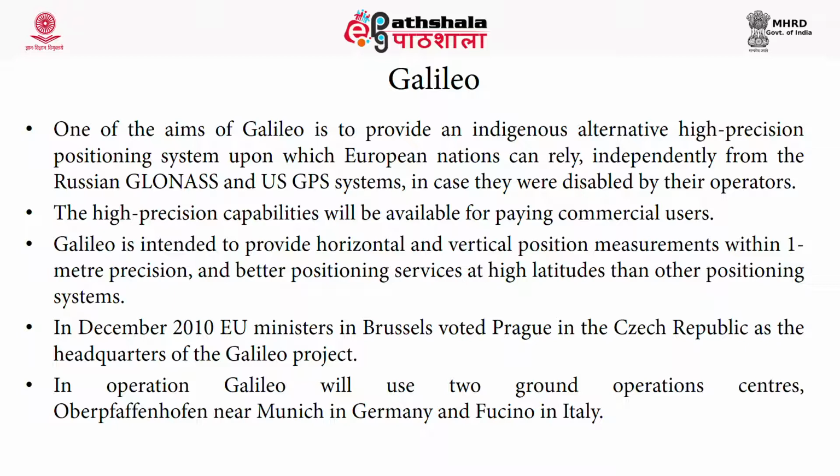In December 2010, the European Union ministers in Brussels voted Prague in the Czech Republic as the headquarters of the Galileo project. In operation, Galileo will use 2 ground operation centers near Munich in Germany and Fucino in Italy.